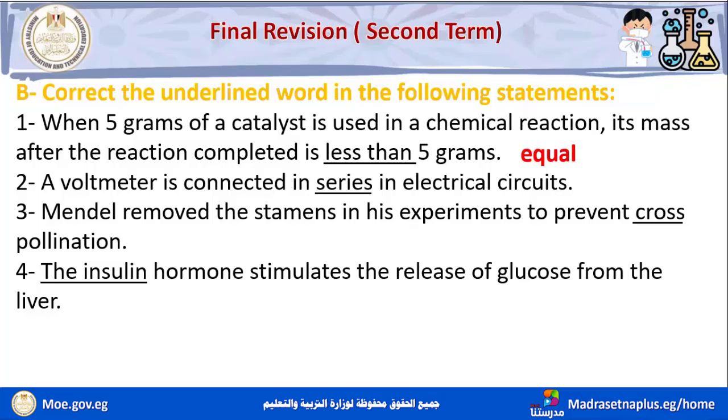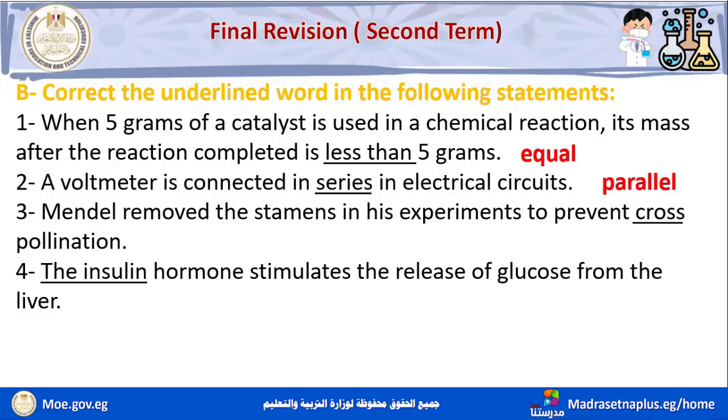Question number 2, a voltmeter is connected in series in electrical circuits. A voltmeter is connected in parallel in electrical circuits. Question number 3, Mendel removed the stamens in his experiments to prevent cross-pollination.